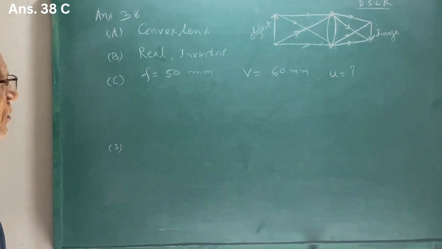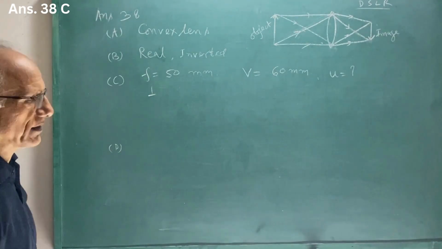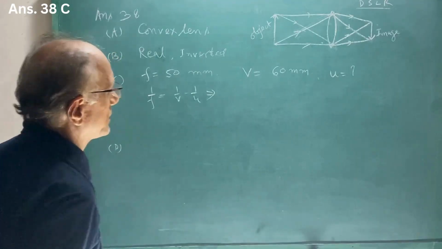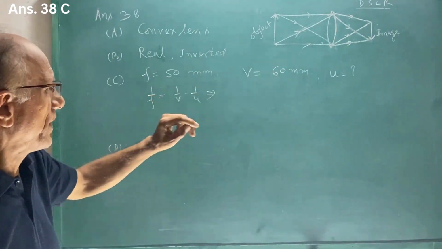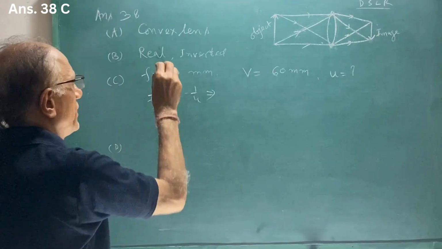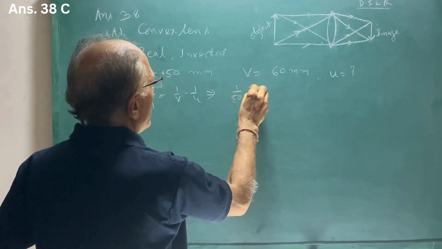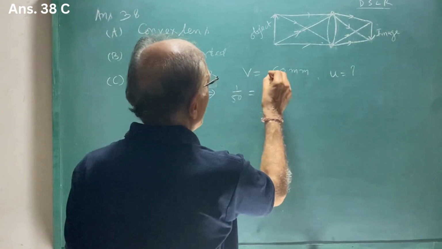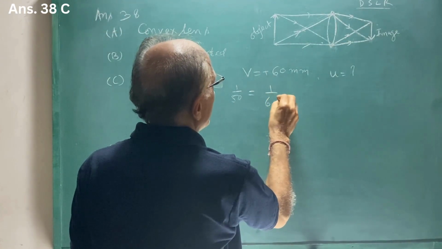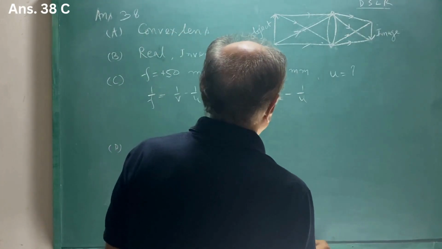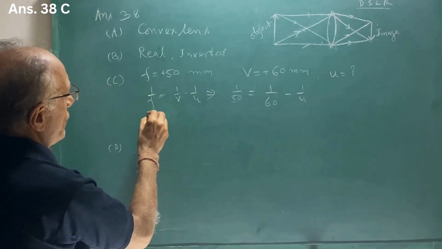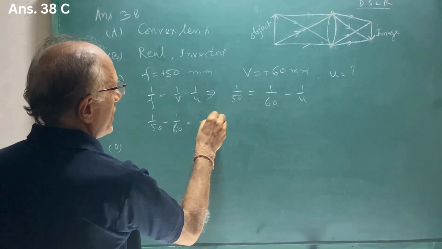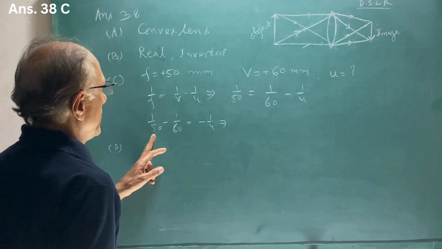So according to the lens formula, what is the lens formula? Yes, very good: 1/f = 1/v - 1/u. Which lens is this? The convex, so the focal length is positive. That means 1/50 equals 1/v, and v is behind the lens, so it is also positive: 1/60 - 1/u. So 1/50 - 1/60 = -1/u.